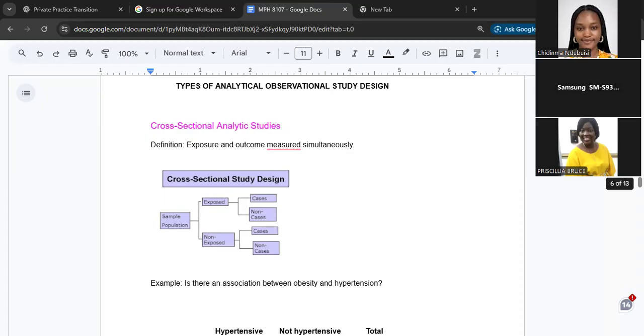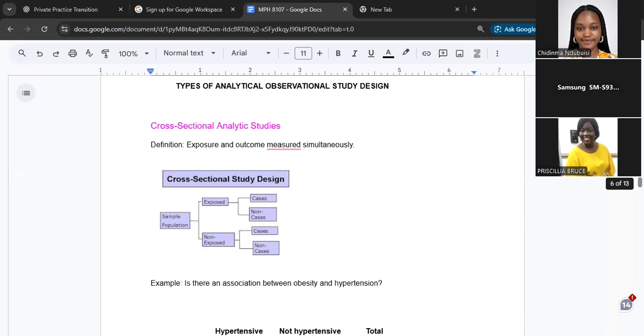So an example we gave here is, is there an association between obesity and hypertension? So we come to the population, our study area, our sample, and we just start collecting the data from all the people that meet the criteria. Whether you have obesity, whether you have hypertension, whether you don't have any, we are collecting data from everybody.